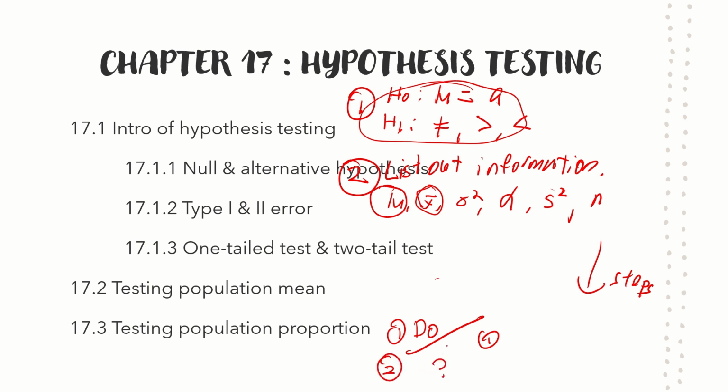There are two kinds of conclusion. The first is either reject H0 or do not reject H0. The second is the conclusion based on the question given. But the second conclusion you will not get marks because you already misunderstood the mu and x bar values. So you have to know.